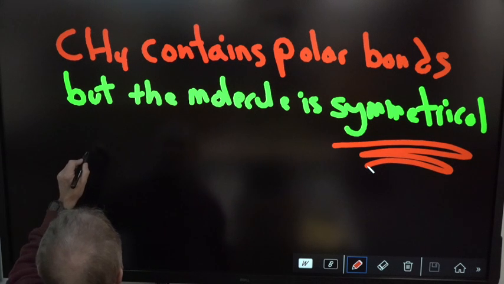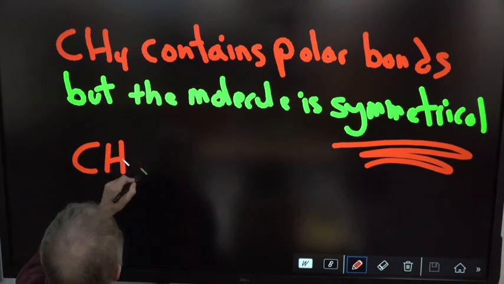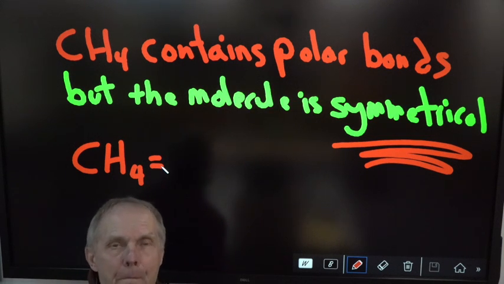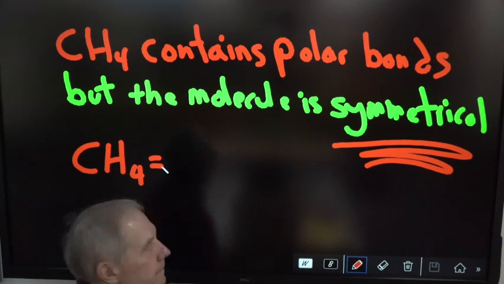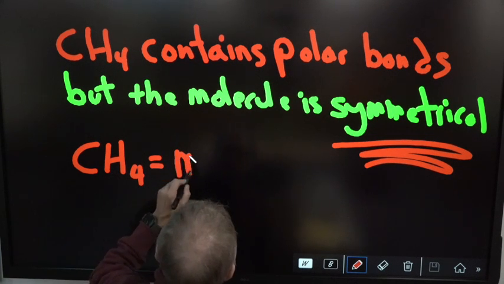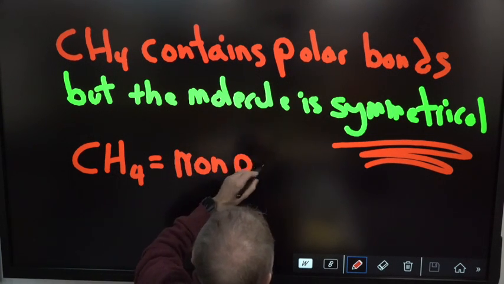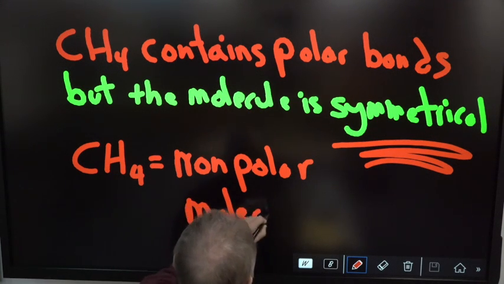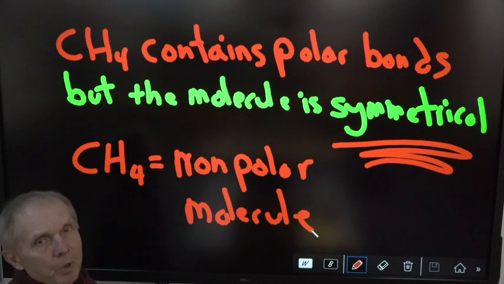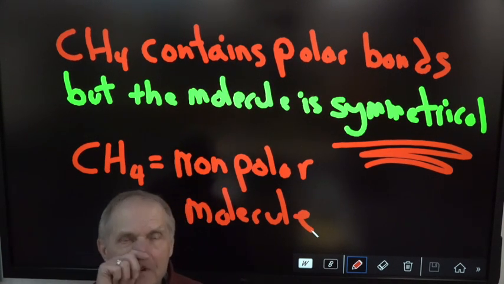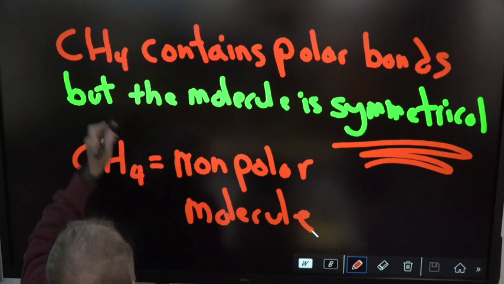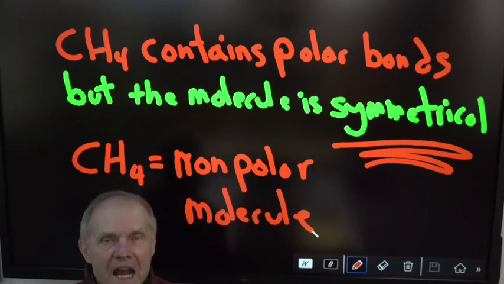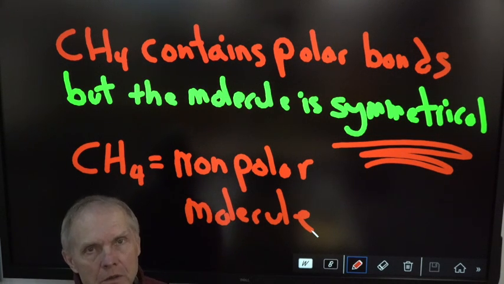So CH4 is a non-polar molecule. That's the first example. And remember, it has polar bonds because it's unequal sharing, but since it's symmetrical, it's a non-polar molecule.